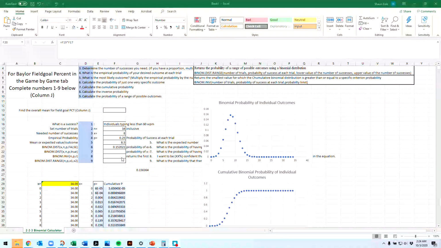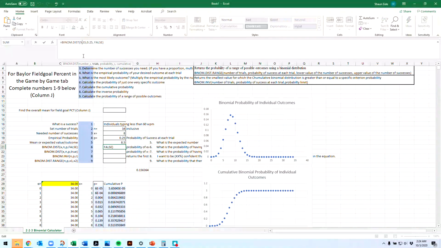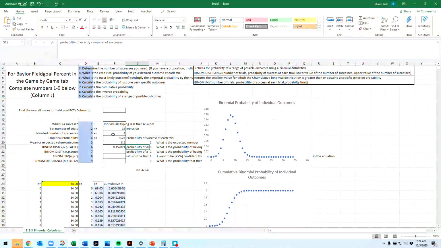Now with the binomial distribution, like I said earlier, the needed number of successes is going to be 7 here, because the most likely outcome is 8.